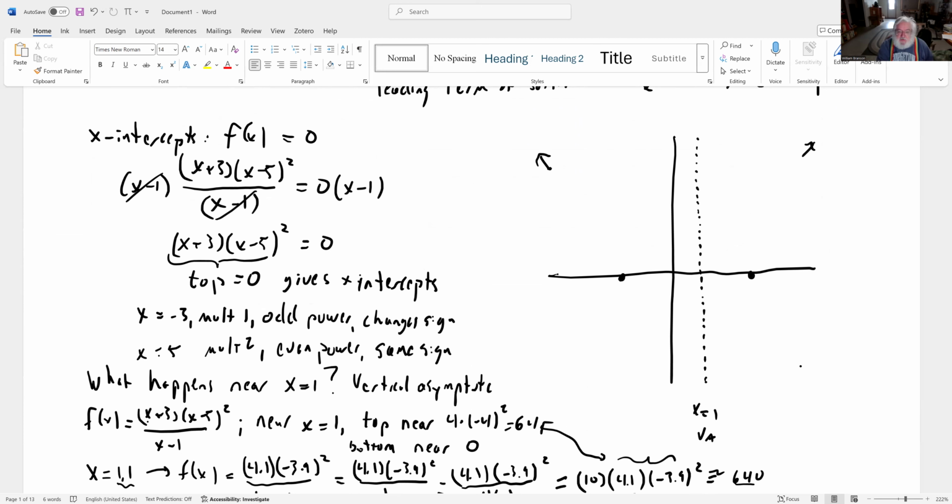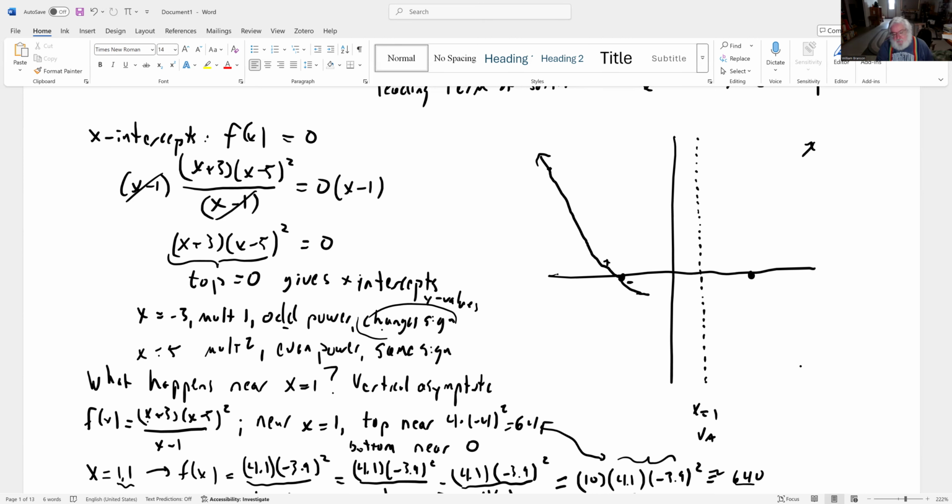We start here, come down to this x-intercept. That's minus 3. Its multiplicity is 1, which is an odd power, which means you change sign there, which means you go through it. We're positive on one side, y values above the x-axis, and our y values are negative on the other side. So what we're talking about here when we're talking about changing signs is your y values. Do your y values change sign?